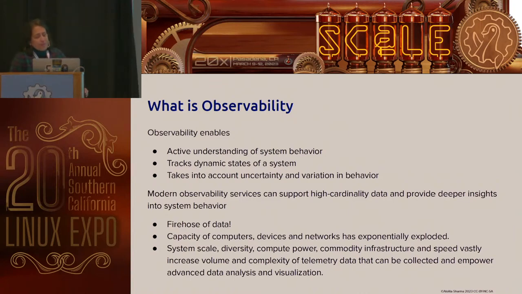System scale, compute power, commodity infrastructure, all of these combined together, running on the backbone of the internet, really make the telemetry data that we are collecting very high volume and high performance, right? So that leads to the fact that we really need to understand this data to analyze it and visualize it.